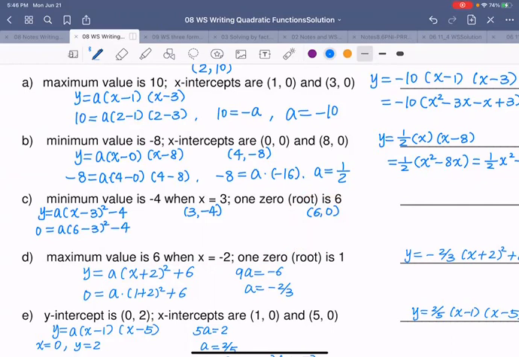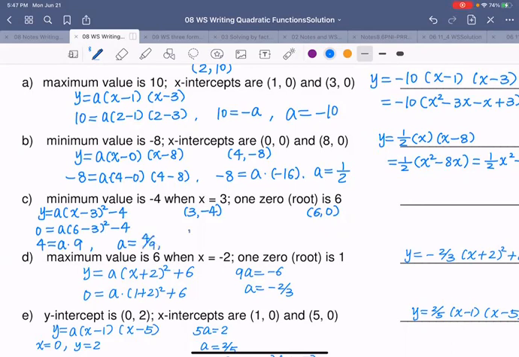Okay, go ahead. 0 equals a times 3 squared, which is 9, minus 4. So a equals 4 over 9.